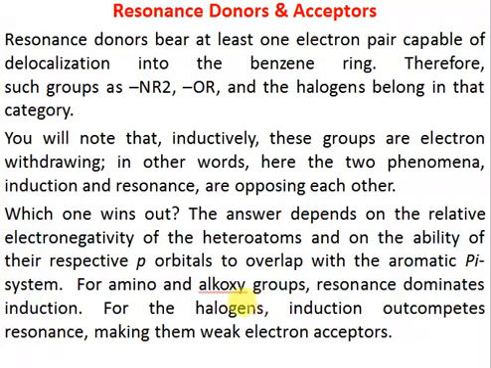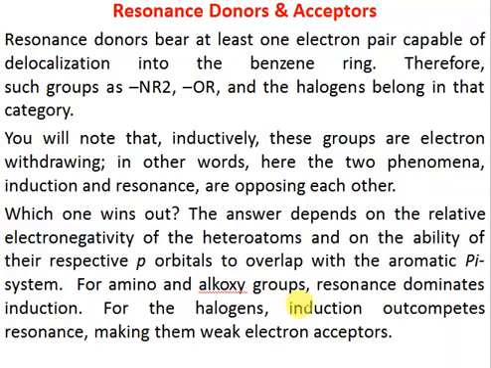Whereas in case of the halogens, the inductive effect is more pronounced, because the electronegativity of the halogens is very significant. Since the electronegativity is very significant, the resonance effect is not as pronounced as the inductive effect. So the inductive effect dominates over the resonance effect.